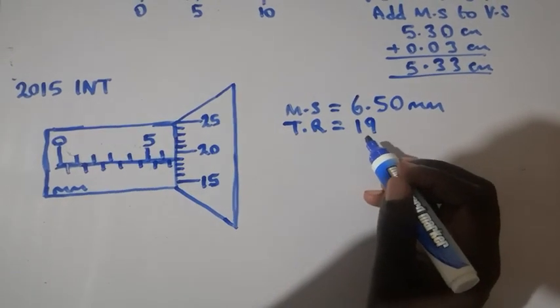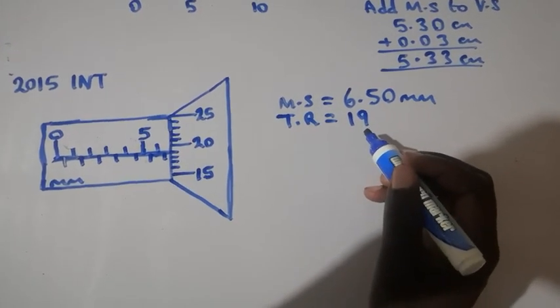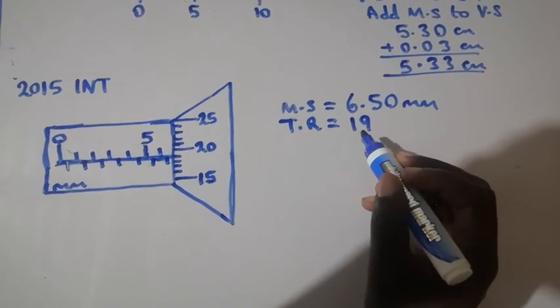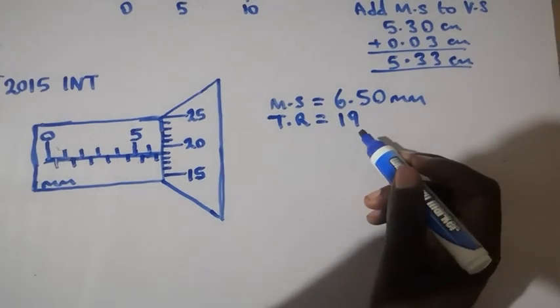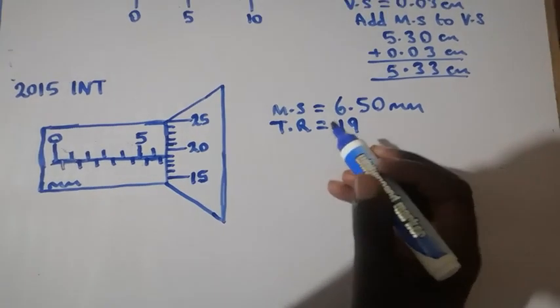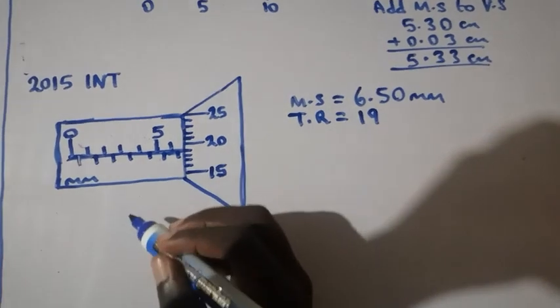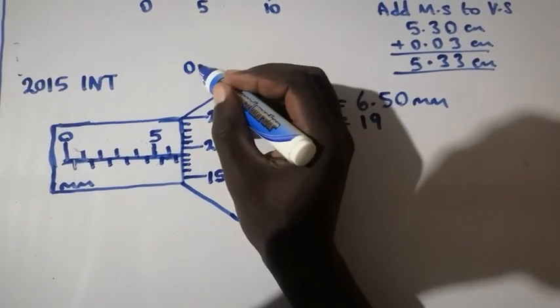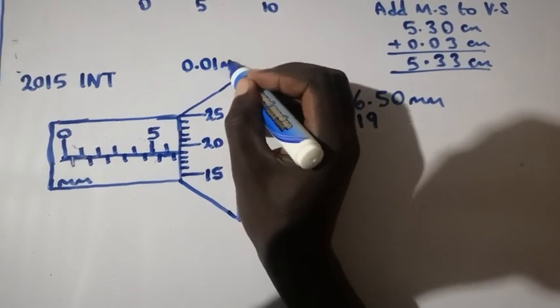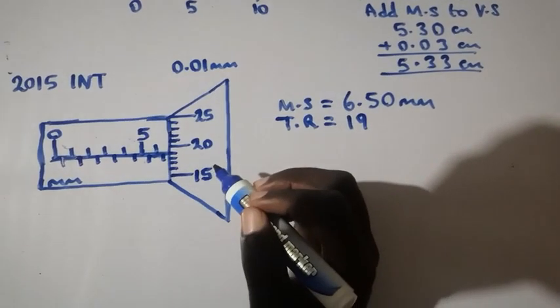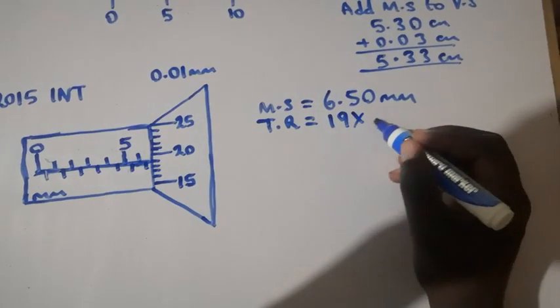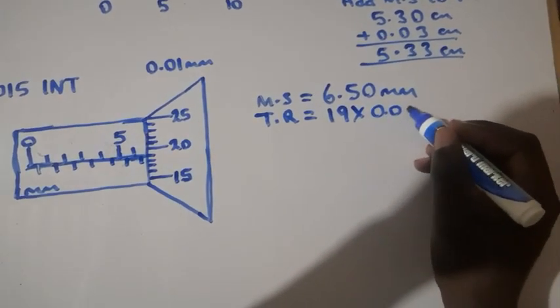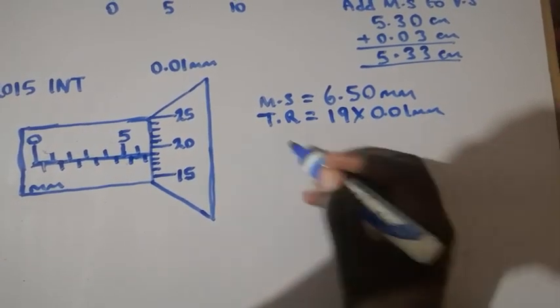And this mark is coming without units. For us to attach units to this number, we have to multiply it with the accuracy of the micrometer screw gauge in millimeters, which is 0.01 millimeters.